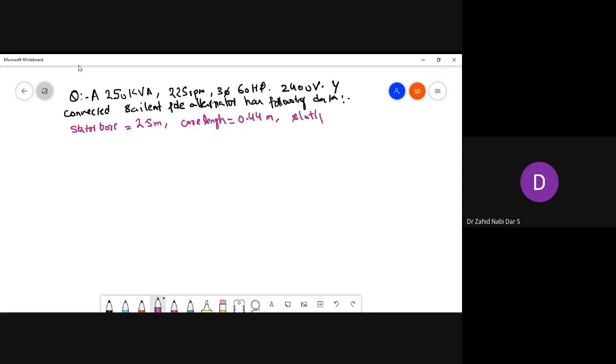And conductor per slot is equal to 4. Circuits per phase is equal to 2. I'll explain this.